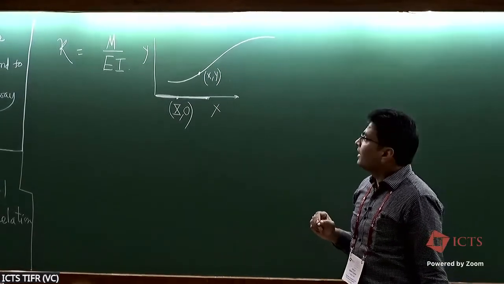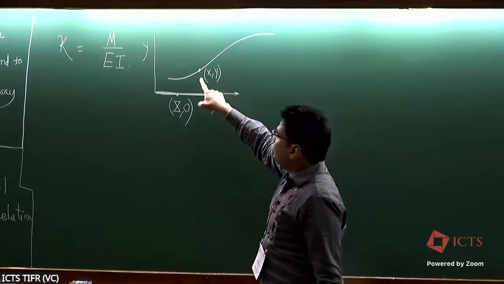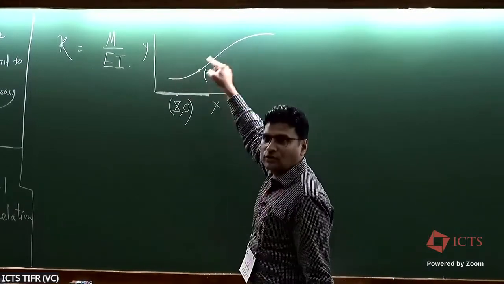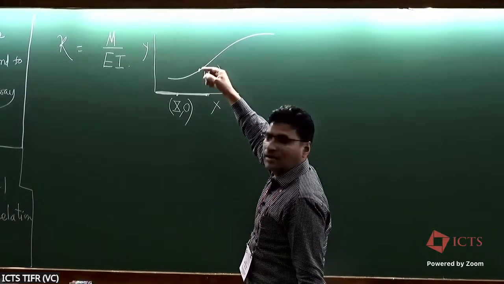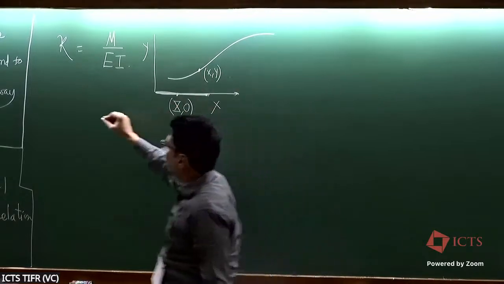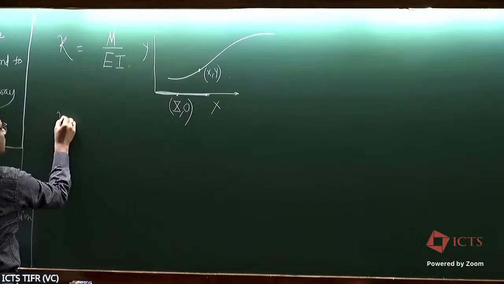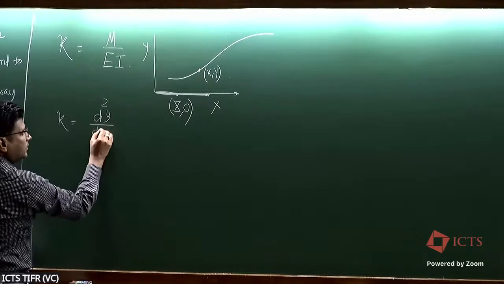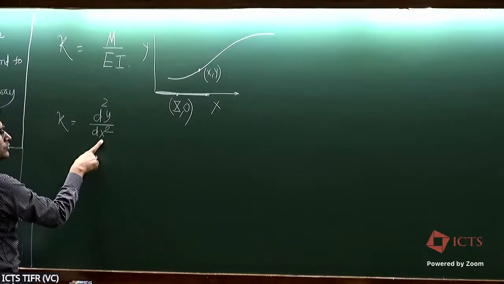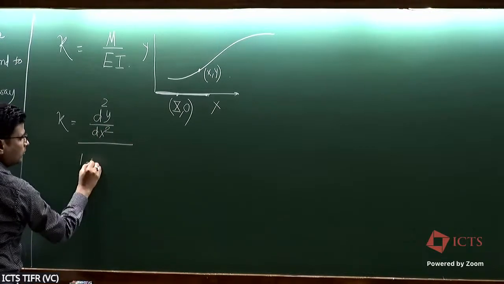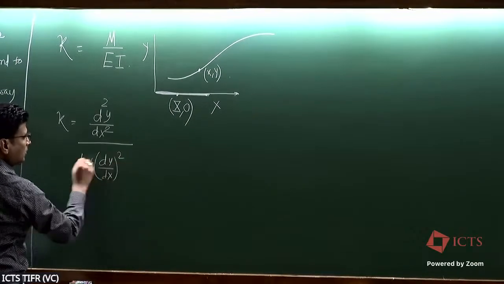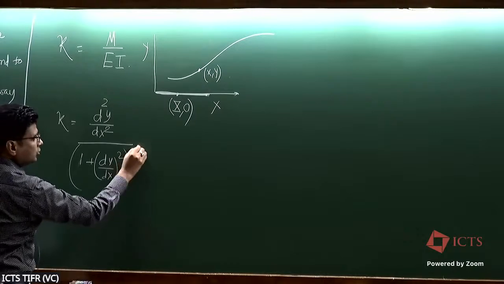Now, this is the actual curve. What is the curvature of this curve? Many of you would know from differential geometry that curvature is d2y over dx2 divided by (1 plus (dy by dx) whole squared), whole to the power 3 over 2.